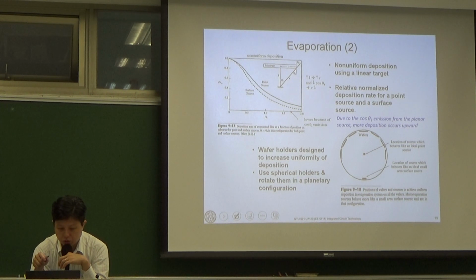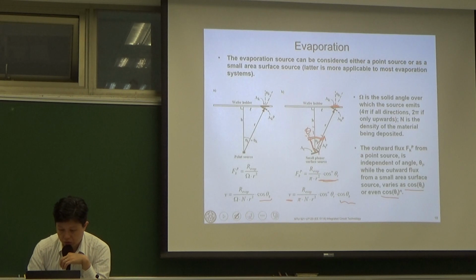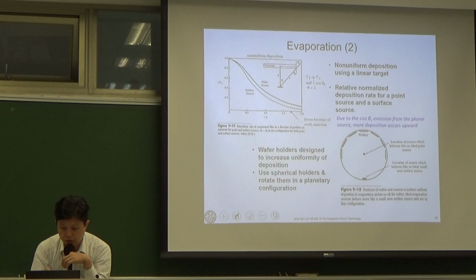So now we can do these simple calculations, right? We have this holder and point source here. Then we can calculate different positions on your substrate: this is K plus 1, K plus 2, and so on. So we have this different angle dependence.